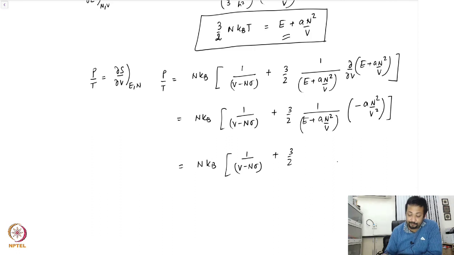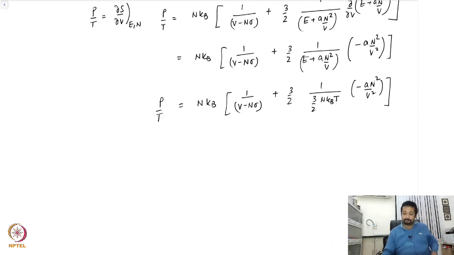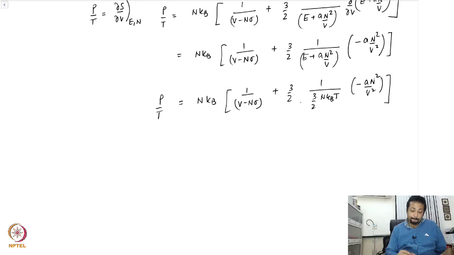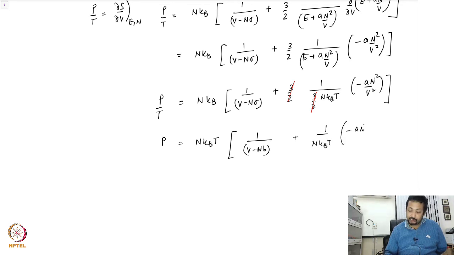Let's use this relation. This is 3 by 2 N k_B T, right? Minus a n square over V square, equals P by T. There are cancellations. The 3 by 2 cancels out, and I write pressure as N k_B T times 1 over V minus N sigma, plus 1 over N k_B T minus a n square over V square, and close the bracket.